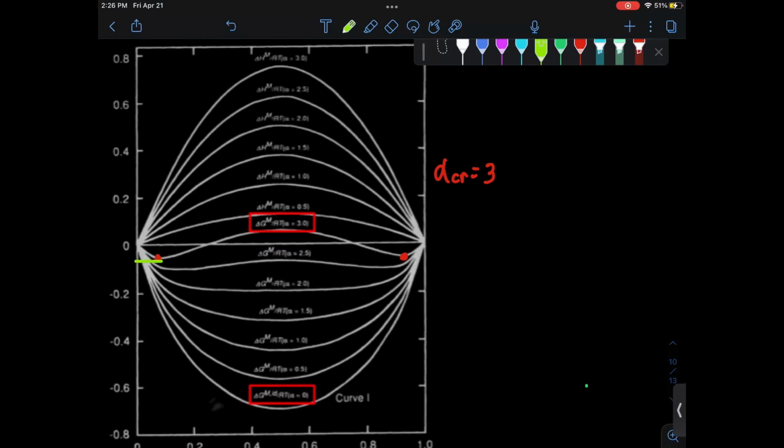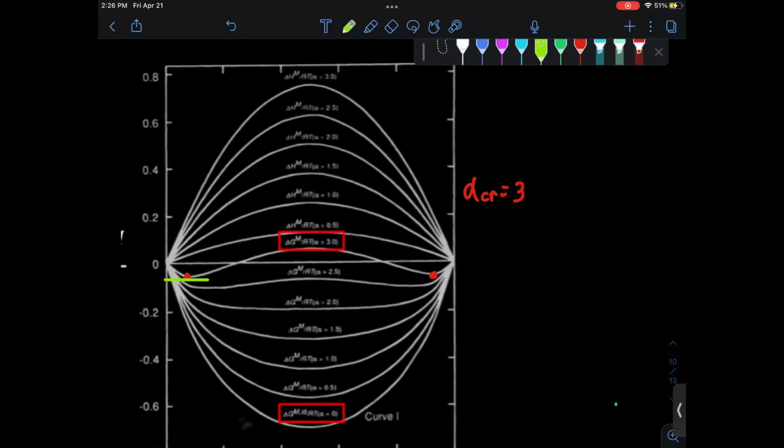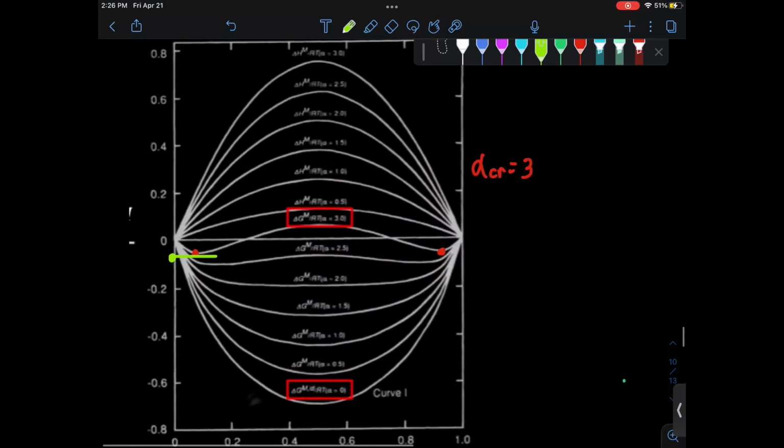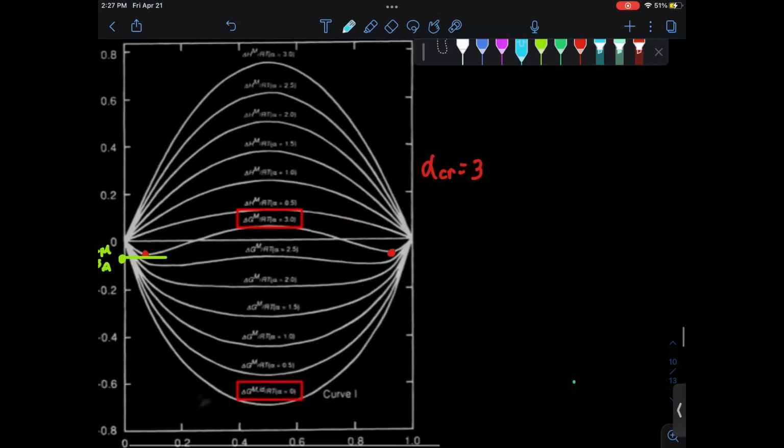Let's start with the first one. Let's say I'm just trying to find the partial molar Gibbs of A. So I draw my slope of that tangent line right to the left side where I'm going to have all A. This is the partial molar Gibbs free energy of A. Now let's do the same thing to our other minimum point.